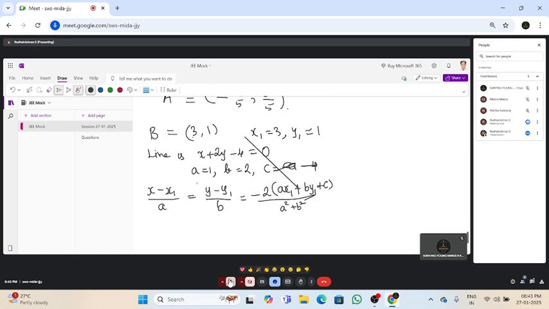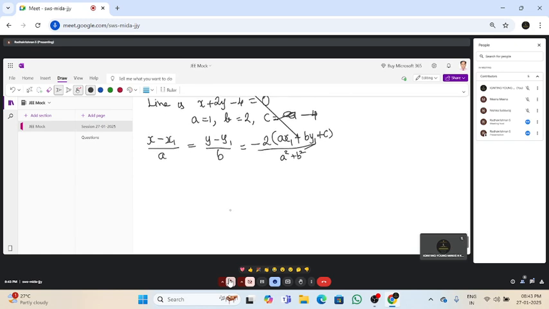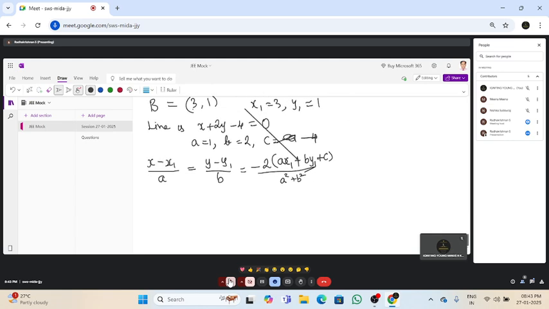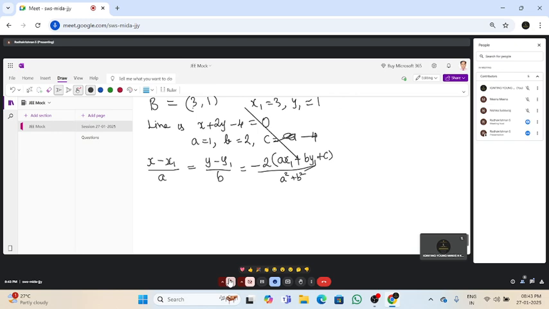So we have the values of a, b, c, x1, y1, everything. So you can determine now what is the image of 3, 1. You do it and tell me, okay? So I'm not going to do everything.